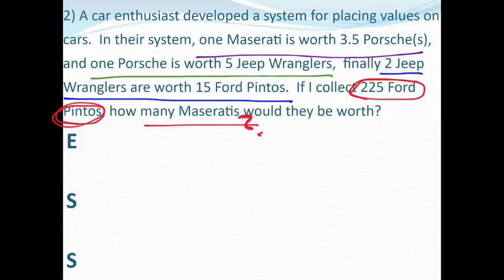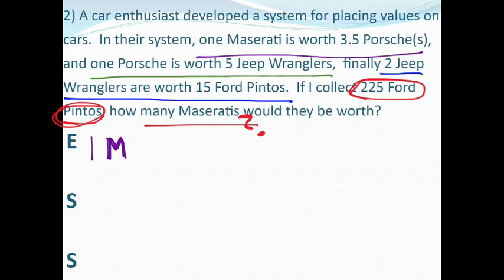So I kind of made some notes on this as I was reading through it. I know my given, what I've got is 225 Ford Pintos, and I want to try and turn those Ford Pintos into Maseratis. And we have a few equations here that are going to help us do that. Now, I am going to abbreviate these car names a whole lot just because I write really big.